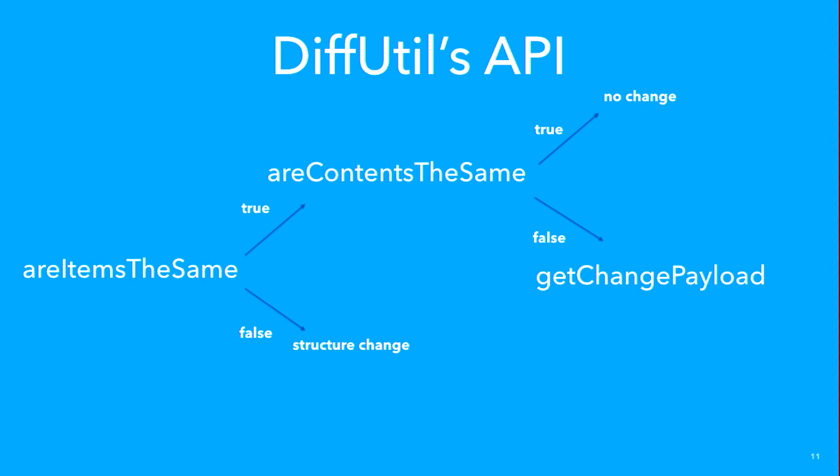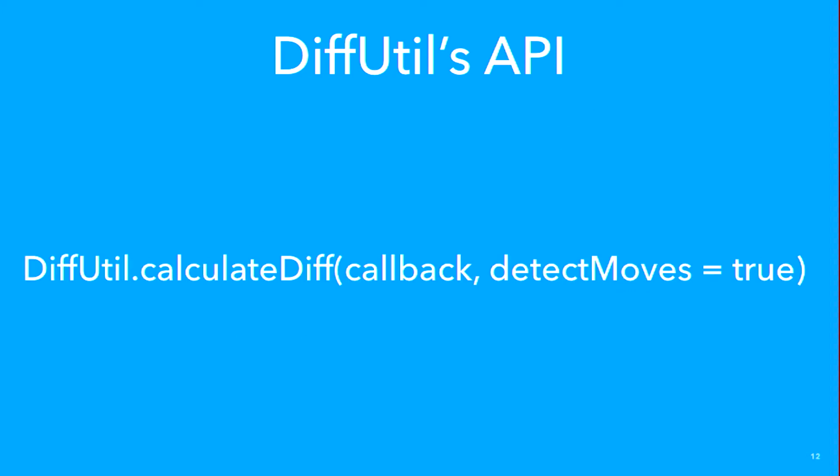So the actual API is calculate diff. There's the optional detect moves, which is by default true. So there's a single parameter and a double parameter API for calculate diff. Detect moves is true by default.